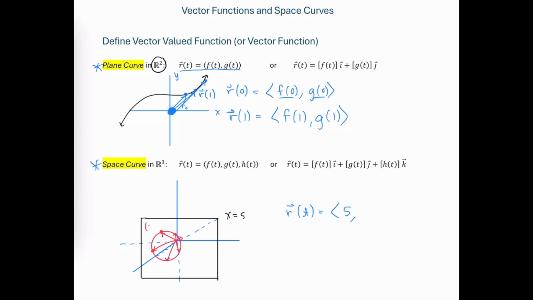So all these ordered triples are going to have 5 as the x coordinate, some y value, and some z value. So the vector function is going to have a constant x component, and then the y component will depend on the value of the parameter, and the z component will depend on the value of the parameter. So in that plane curve, the x component of that vector function would be the constant value 5.